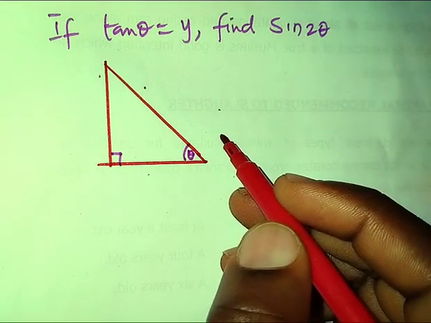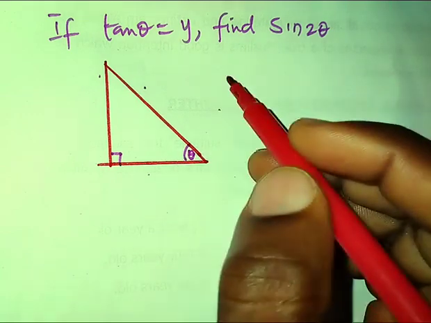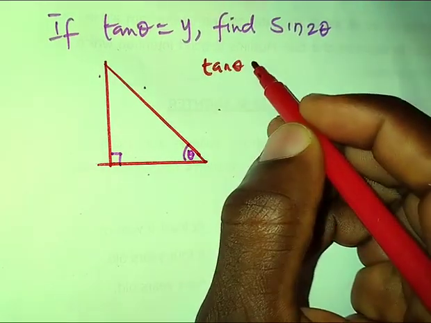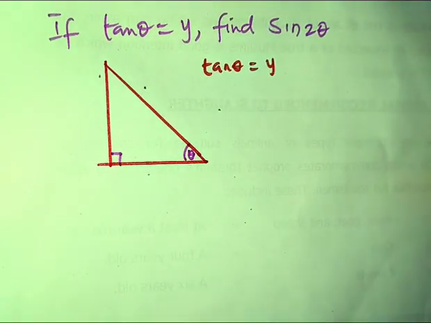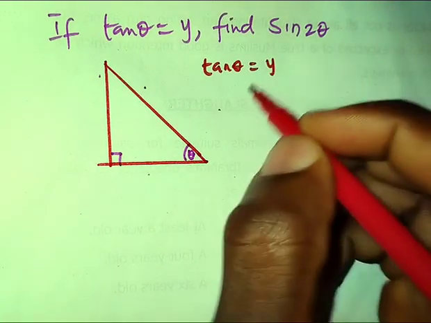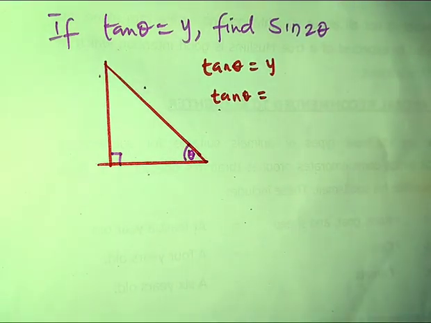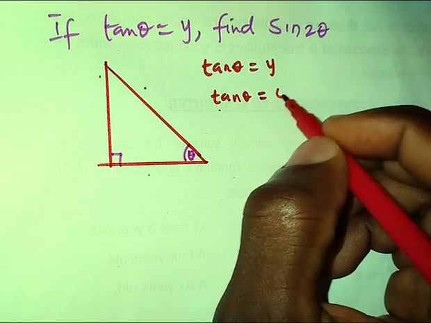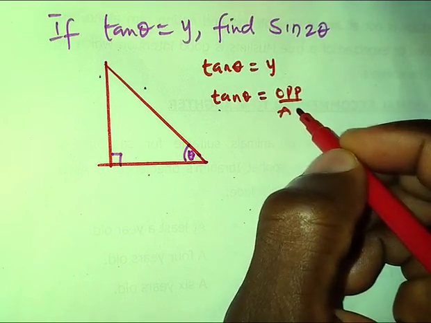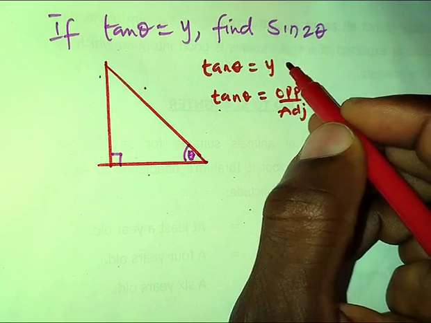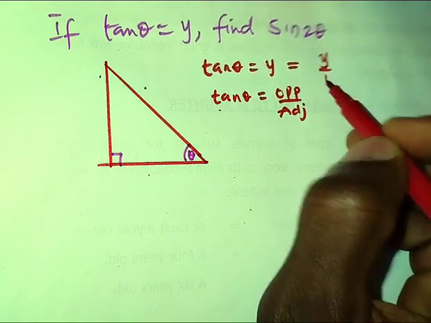Having this diagram here, from what we are given, tan theta is y. But don't forget that from trig ratio, tan theta is always opposite over adjacent. If we try to compare this, we can write this as y over 1.